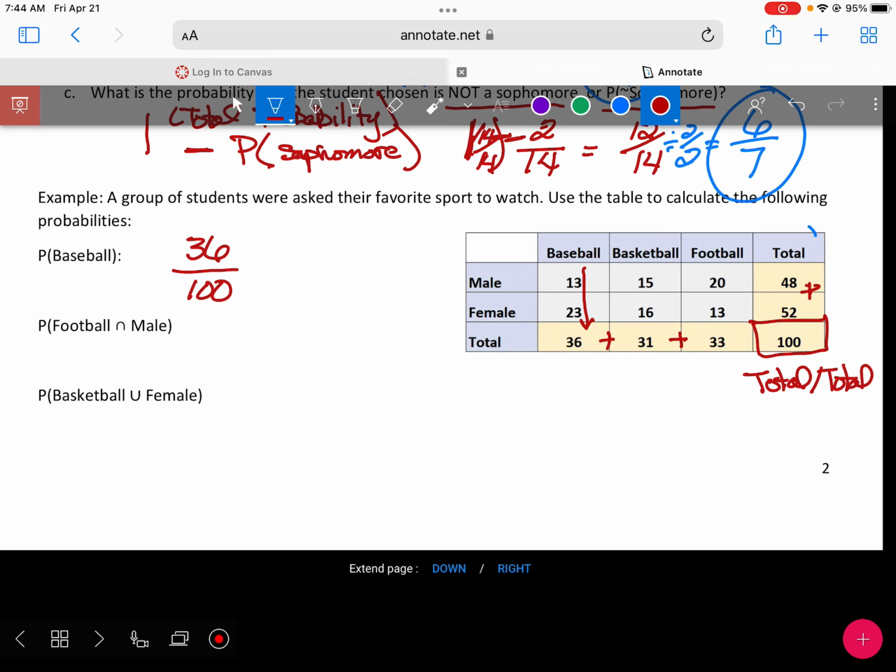The second one is the probability that someone's favorite sport to watch is football and they are male. And so it has to be both. If you remember, this symbol is an intersection. They have to have both. And when you think of an intersection, it's where they cross, right?